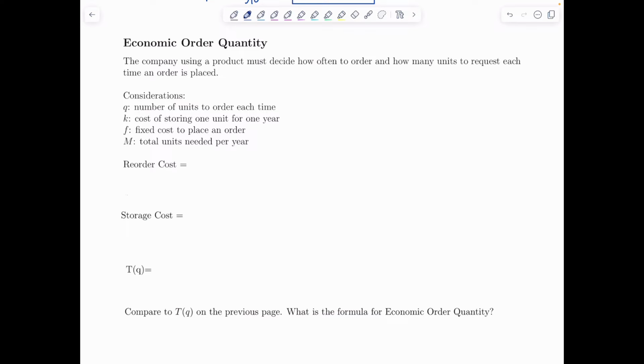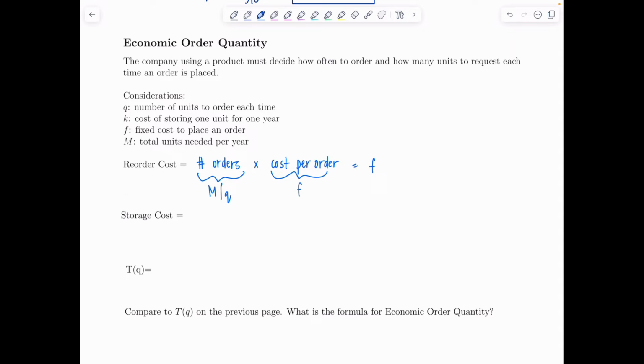Okay, so let's go through all of the further quantities to consider when we're looking at total cost. So first we have to think about our reorder cost. The reorder cost is going to be the number of orders that you place times the cost per order. So how many orders do you place? Well, whatever the total number of units is divided by however many units there are in an order. And then the cost per order is F, that was given.